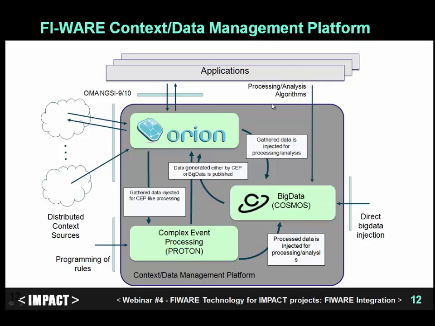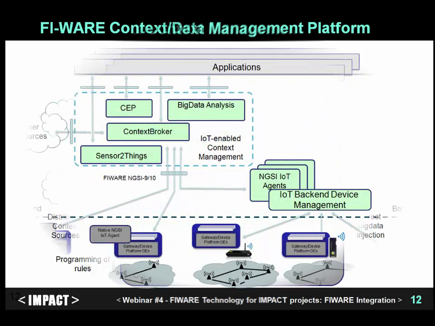So according to the processing and analysis algorithms that you set up on your applications, you can use Cosmos to evaluate this data and to process it and to create information that goes to Orion and that can be consumed by the application. So there are many possibilities using all the ecosystem of these three specific enablers.